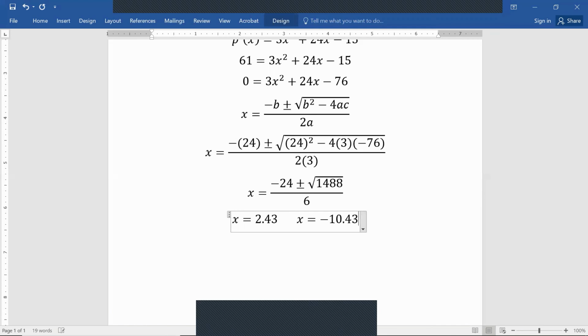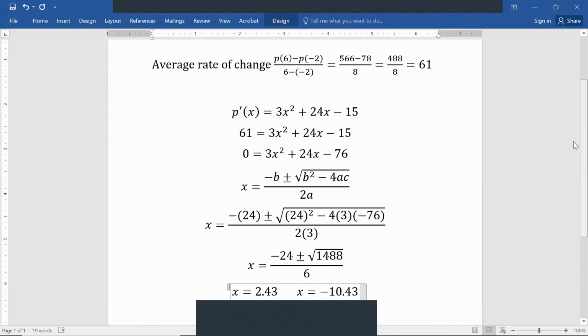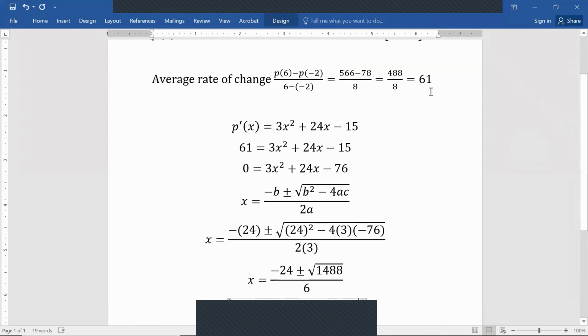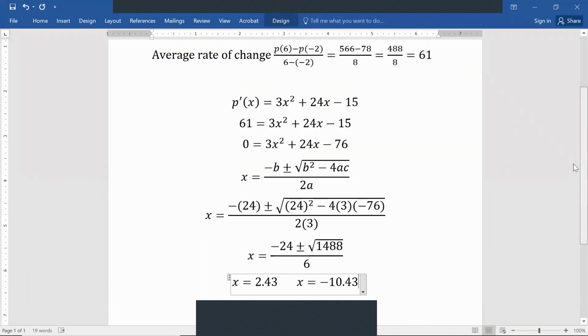Again, approximately. So I got two numbers whose derivatives were equal to the average rate of change on this interval. Those two numbers are 2.43 approximately and negative 10.43.